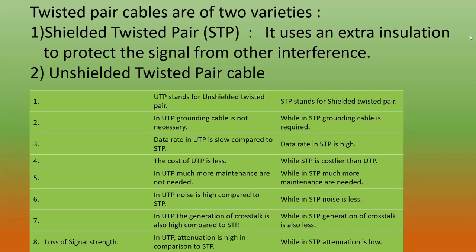Attenuation means loss of signal strength. Loss of signal strength is high in UTP, which is less in STP. So these are the two types of twisted pair cables: STP, shielded twisted pair, and unshielded twisted pair.